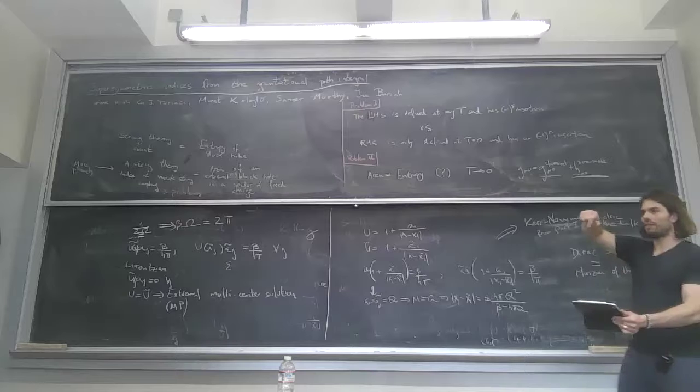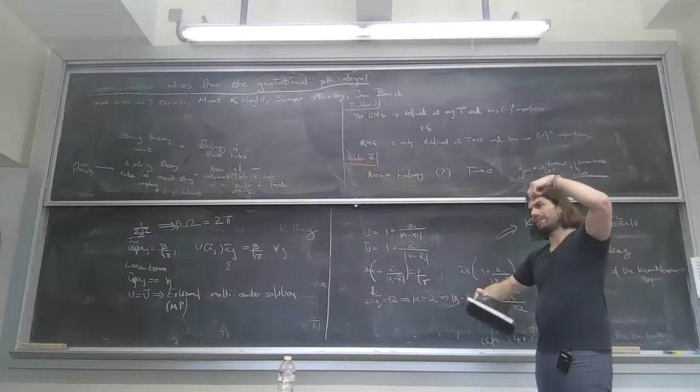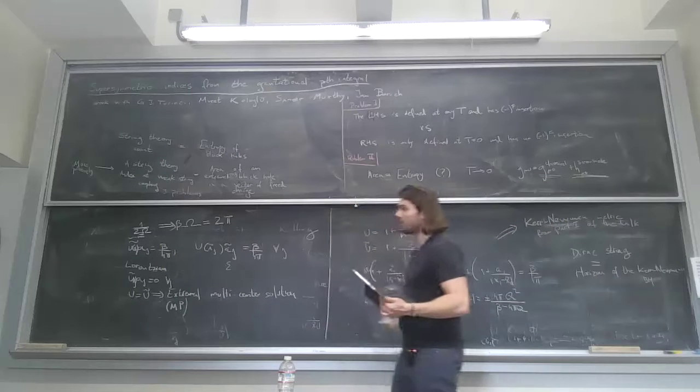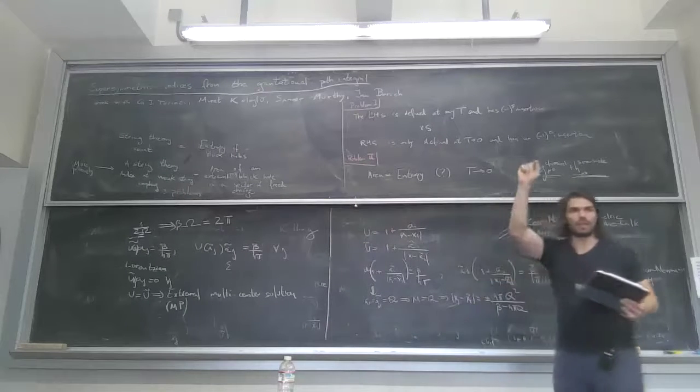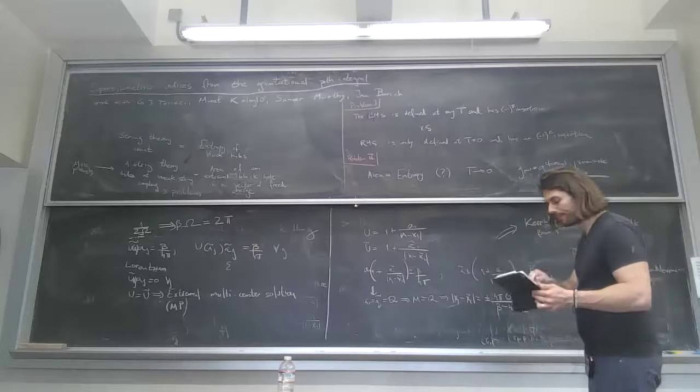The direction of this Dirac string sets the direction in which the Kerr-Newman black hole rotates, and the poles of the functions u and u tilde simply become the north and south pole of the black hole after this transformation.